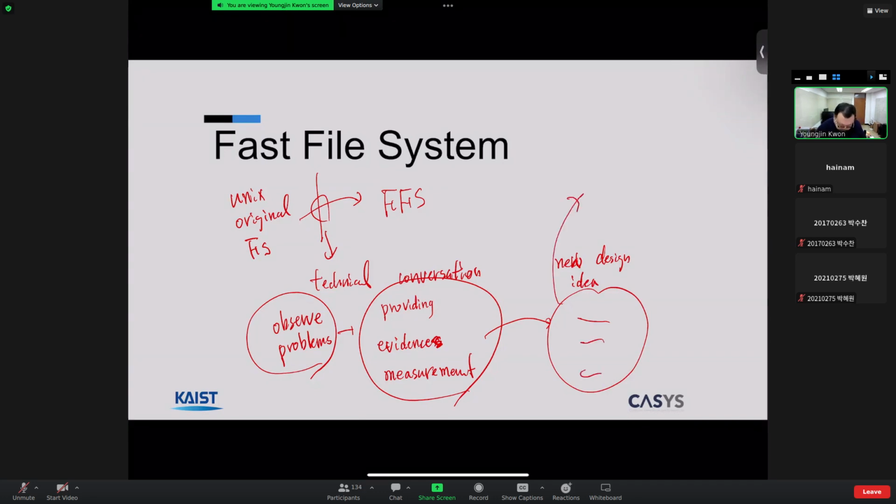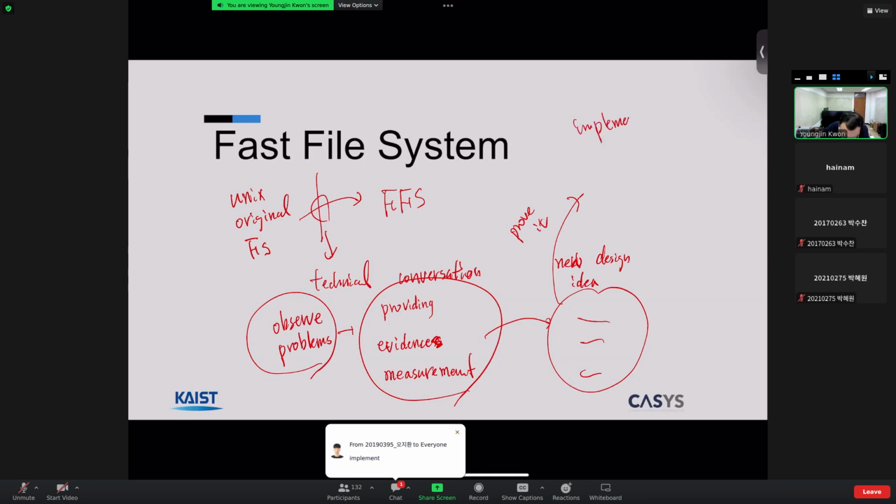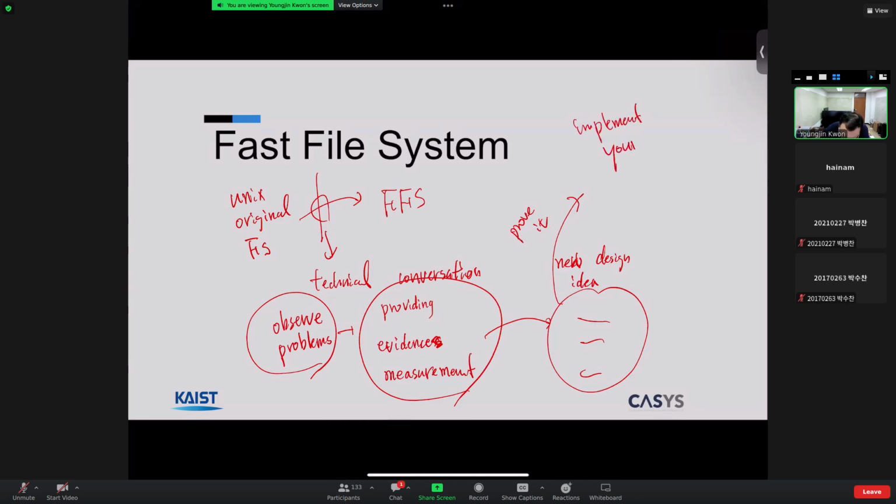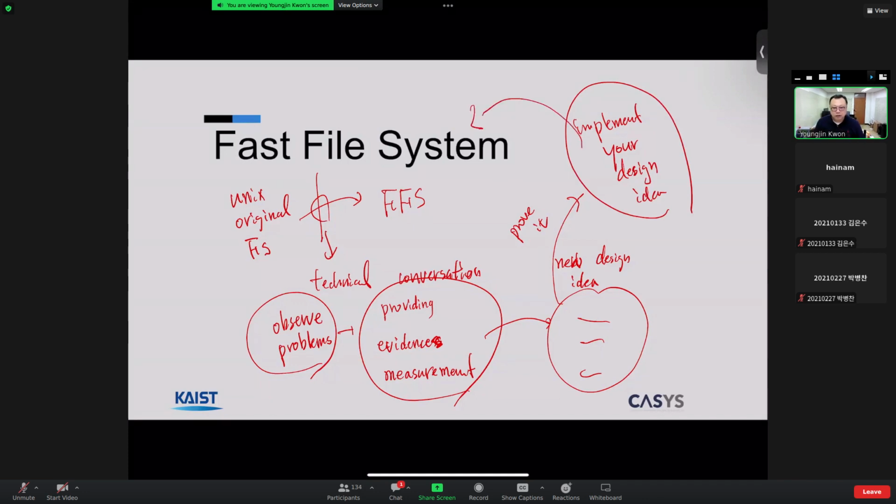Then how do you demonstrate that your design idea is correct? How to prove it? Actually implement your idea. The consequence of implementing your idea is this fast file system.